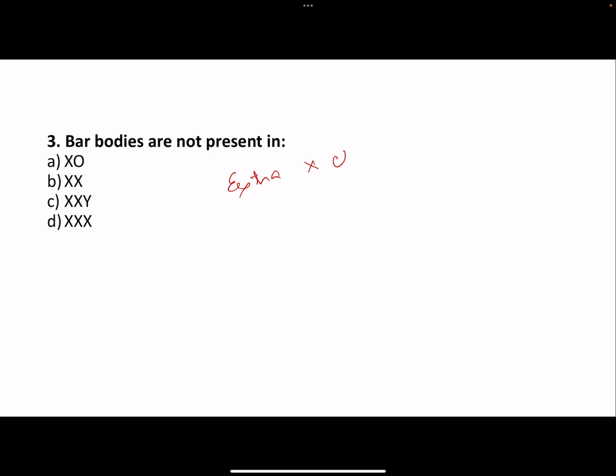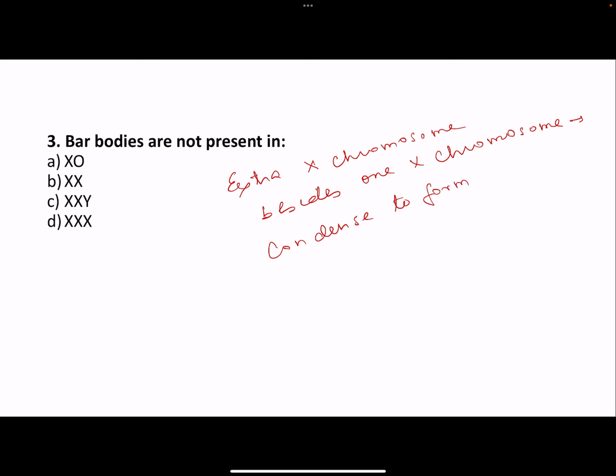Extra X chromosome besides one X chromosome will condense to form bar bodies.